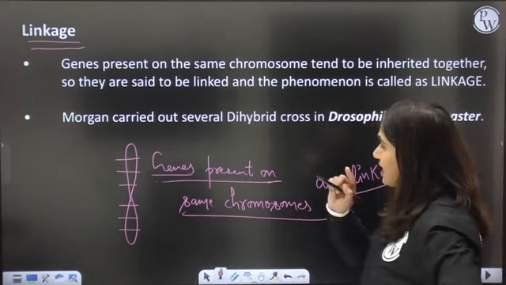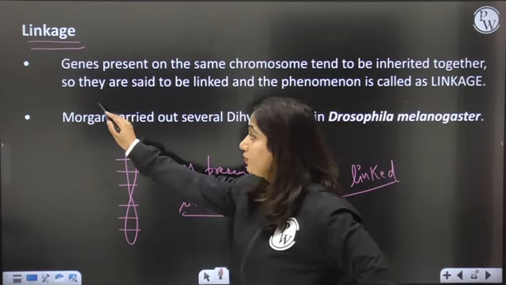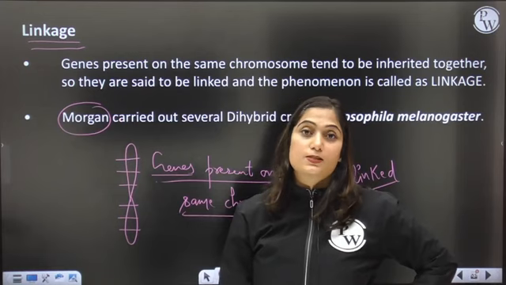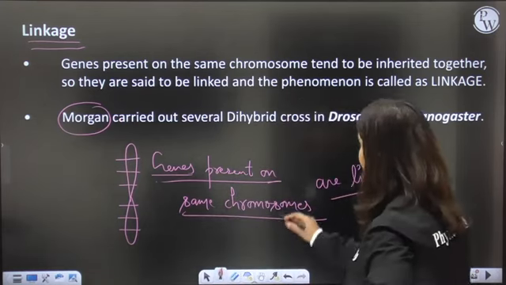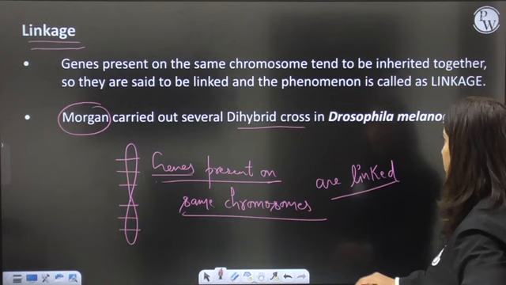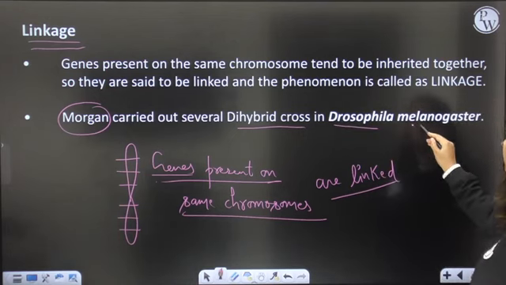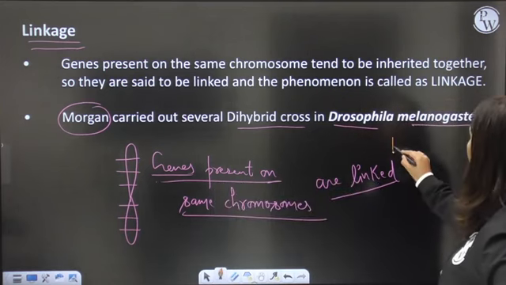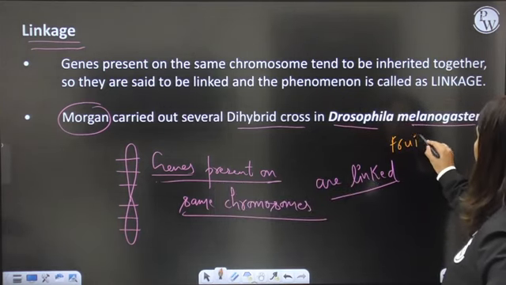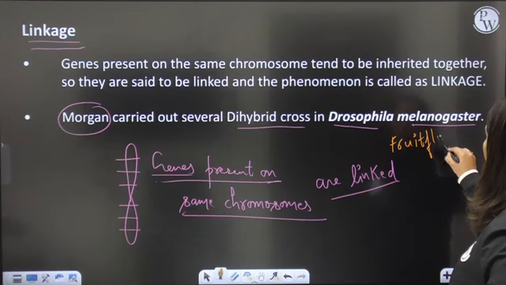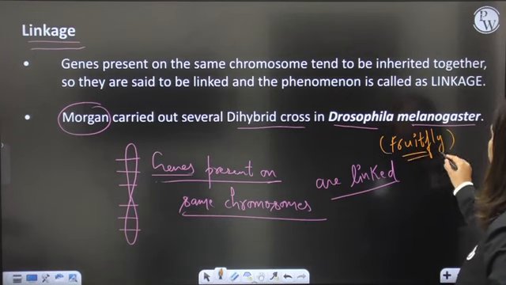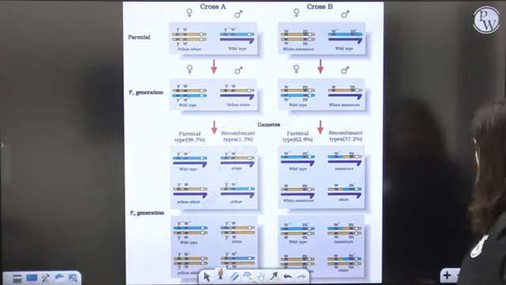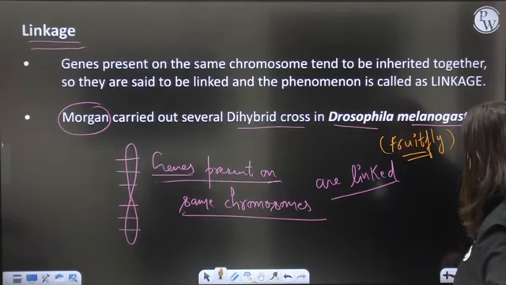Now, to understand linkage, Thomas Hunt Morgan, who is called the father of experimental genetics, carried out various dihybrid crosses in the organism Drosophila melanogaster, which is commonly called the fruit fly. Okay, now let's understand what he did.